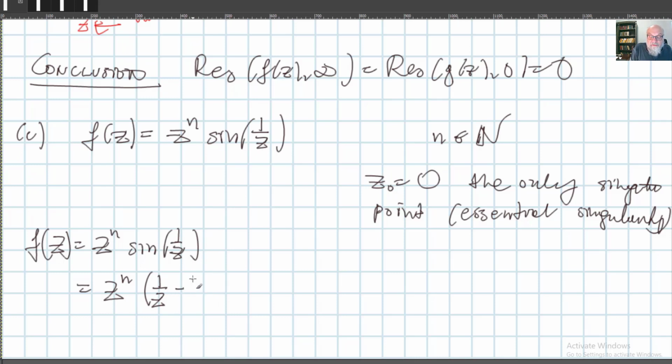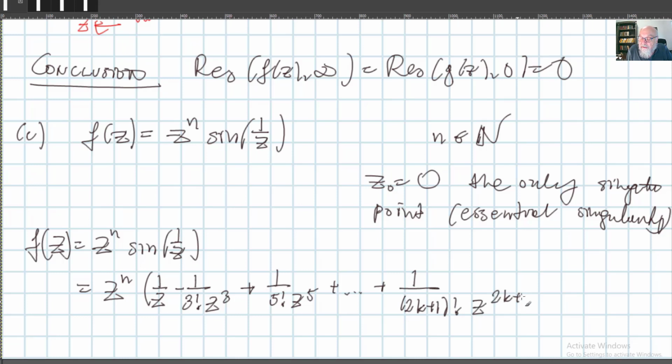Then you have the Laurent series, which goes like this: 1 over 3 factorial z to the power 3 plus 1 over 5 factorial z to the power 5 plus, and the general term is 1 over 2k plus 1 factorial z to the power 2k plus 1, and infinitely many. So what will be the residue?